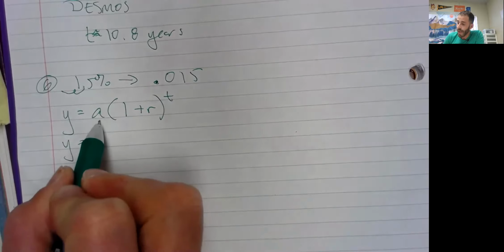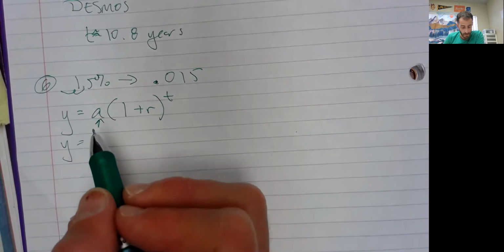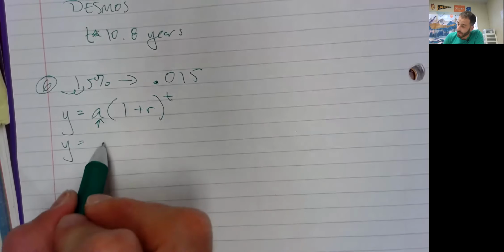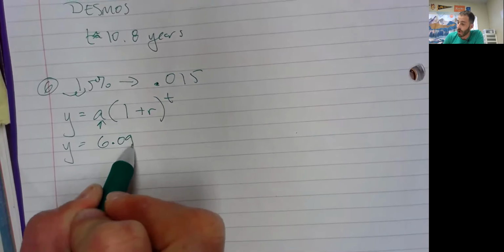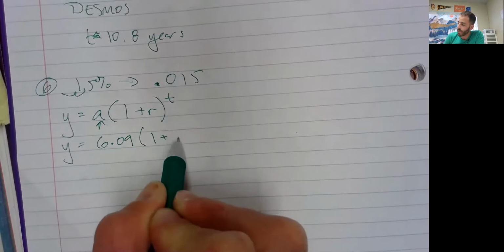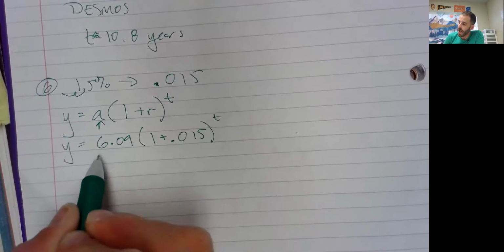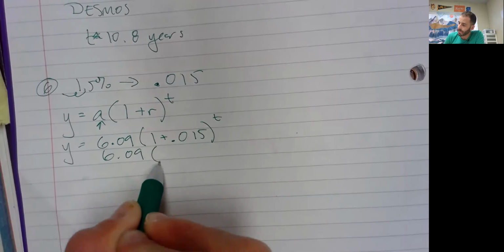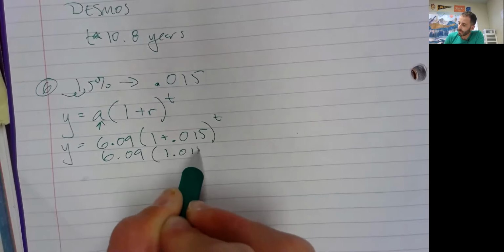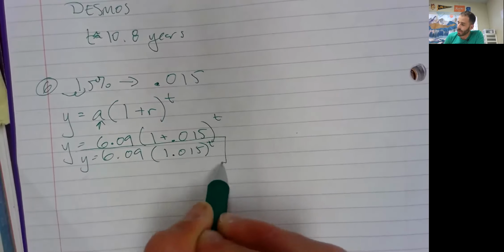So y equals, now A is your initial amount. So what was the initial amount in the year 2000? Since this is all models after the year 2000, it was that. And we're going to do 1 plus 0.015 to the T, and let's make it pretty. Okay, so here is our equation.